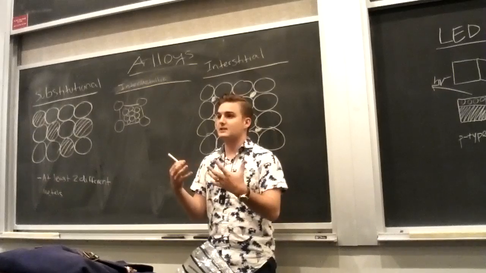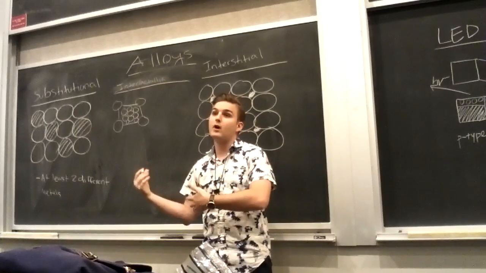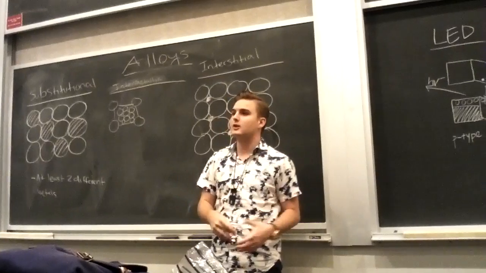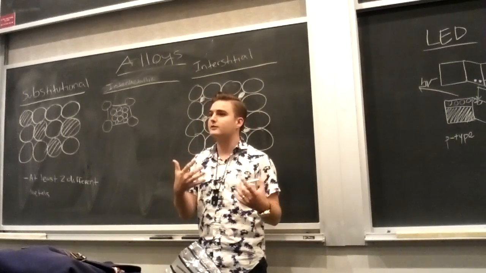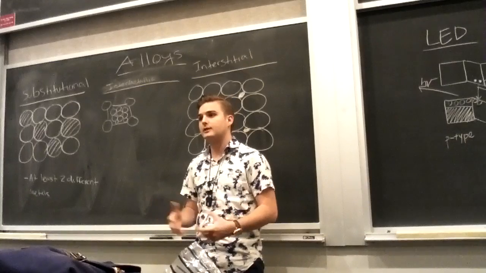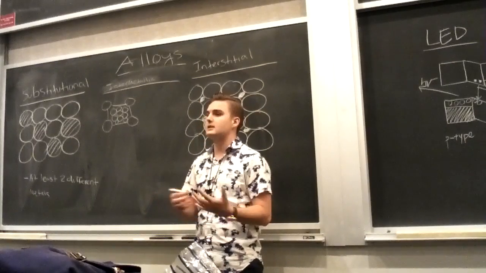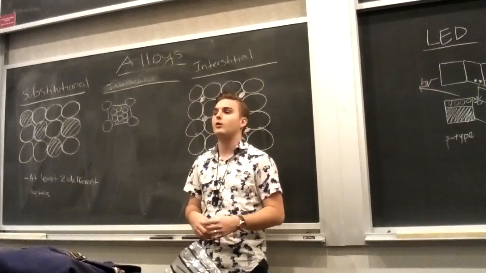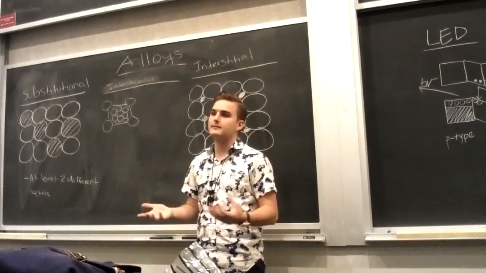My radii have to be the same so that I can do substitutional. But if I have one that brings a bunch of electrons, I could potentially be making more antibonding orbitals and weakening that alloy. But usually we do it in a way that causes it to be stronger, so there are not as many antibonding orbitals filled, and therefore we get better strength.